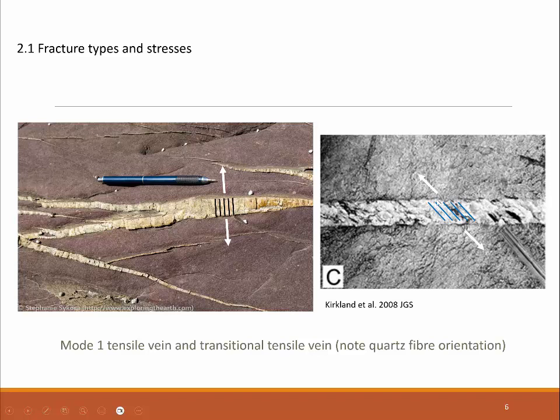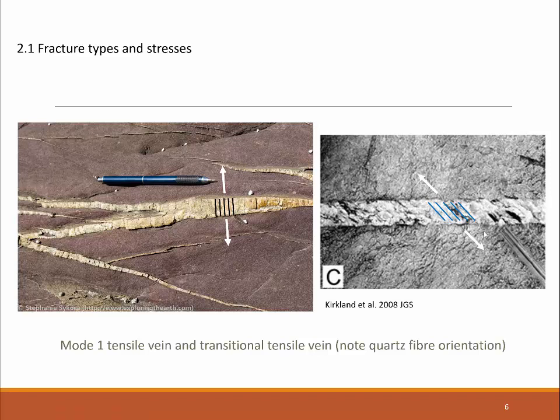We see here quartz fibers that are not perpendicular to the fractures of the veins, and this indicates that this is a transitional tensile fracture that opened with a tensile component creating the space and some lateral displacement, top to the left, bottom to the right in this case.